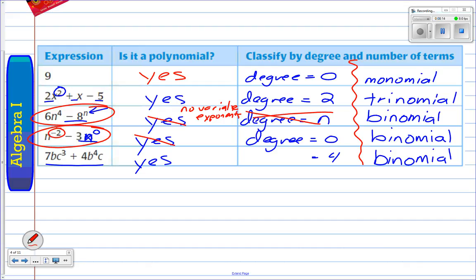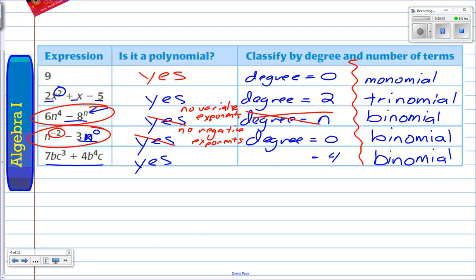This one has a negative exponent. You can't have negative exponents either. We're going to talk more about that as we keep going here. So we're going to say that those are not polynomials, which would make the rest of that irrelevant. However, those other 3 are, the first 2 and the last one.